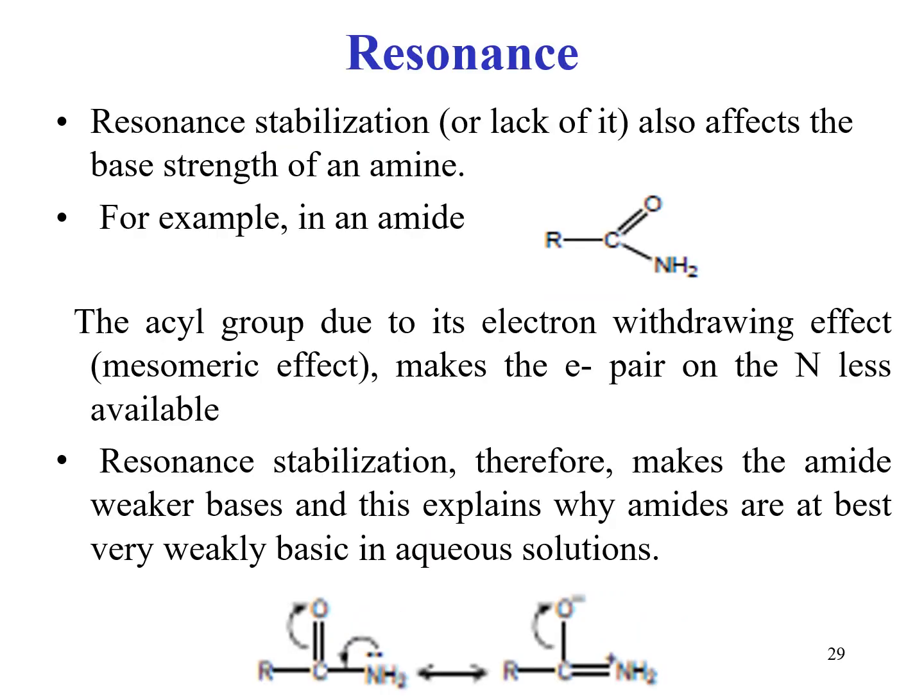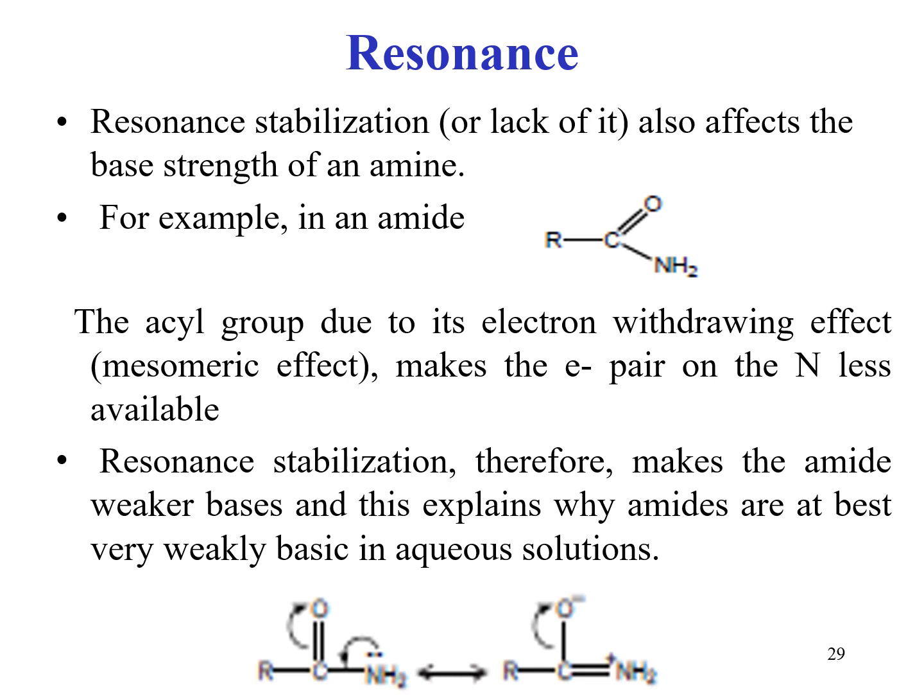In terms of resonance, whether resonance stabilization or lack of resonance also affects the basic strength of amine. Example in amide, the presence of acyl group, which is an electron withdrawing substituent, is going to reduce the electron cloud in nitrogen, making less electron available in nitrogen, hence reducing the basic strength.